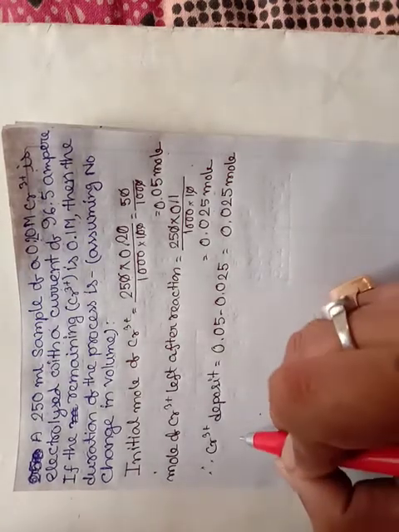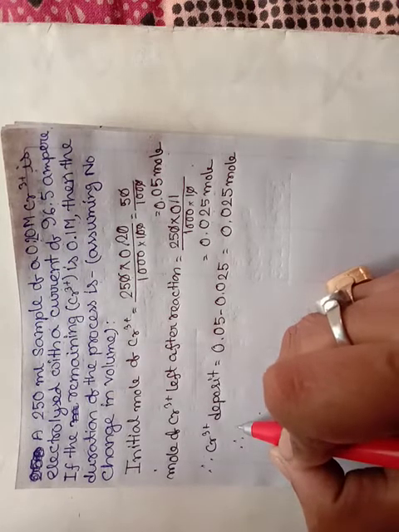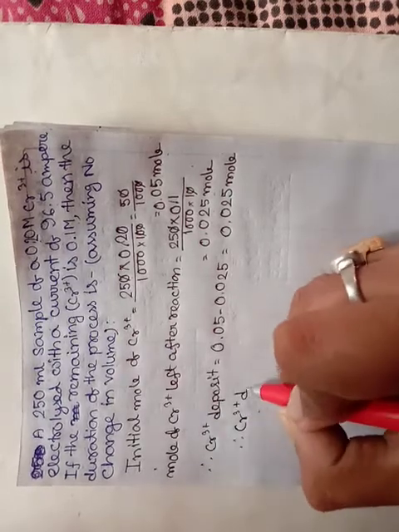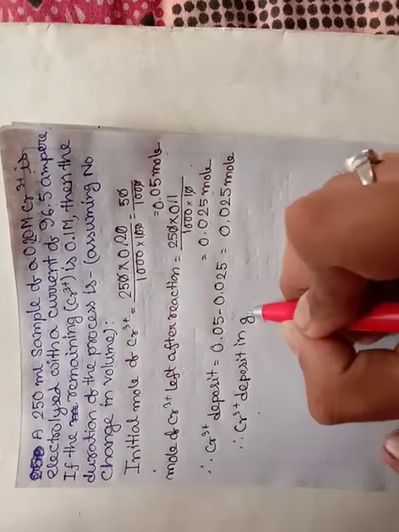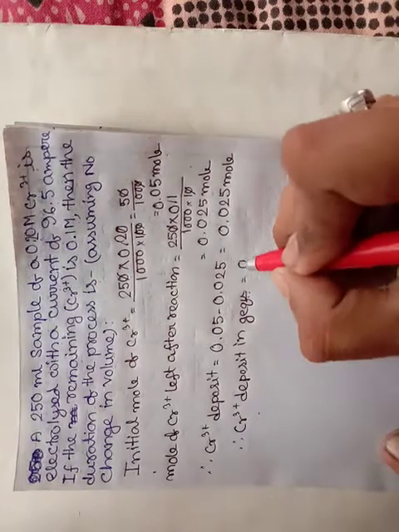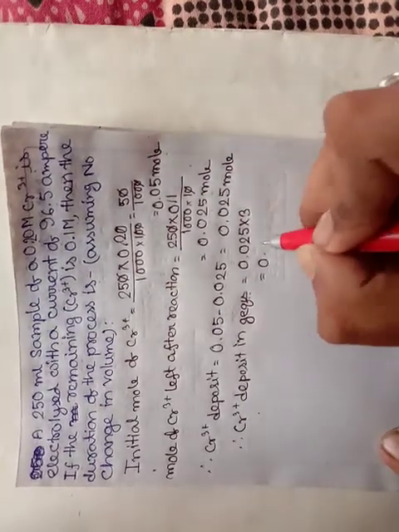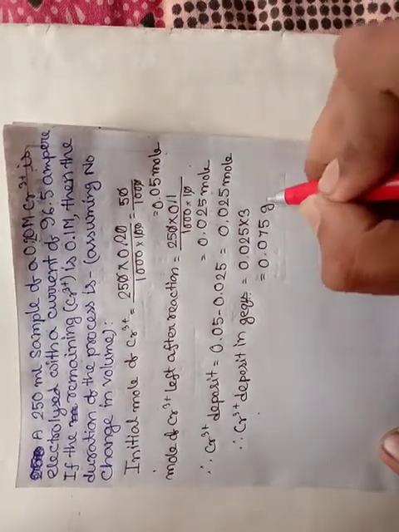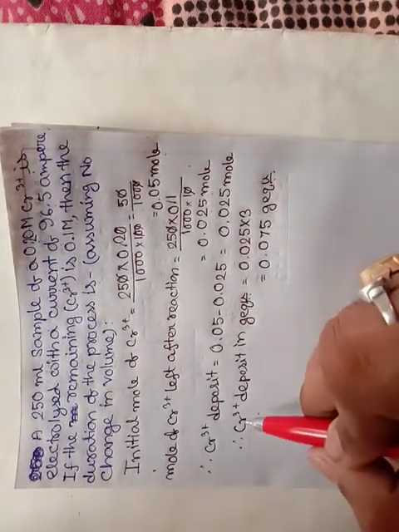Therefore Cr3+ deposited in gram equivalent equals 0.025 into 3, that means 0.075 gram equivalent. Why do we multiply by 3? Because it is 3+.